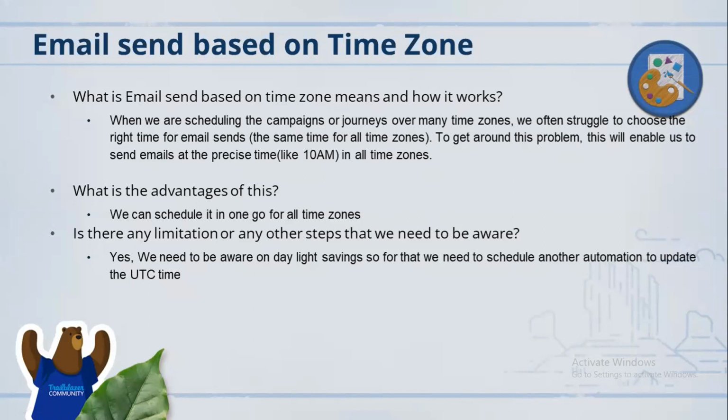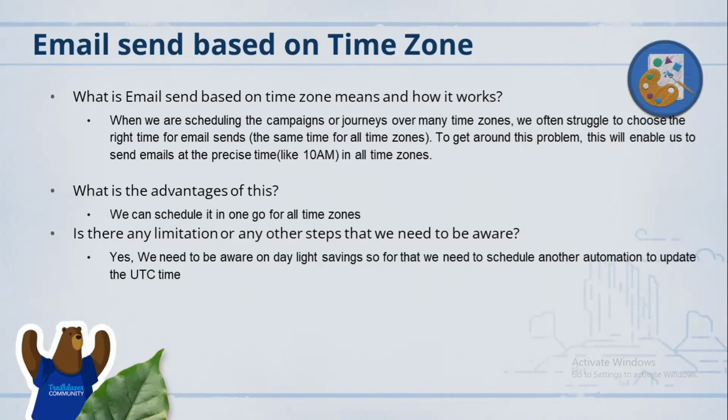Is there any limitation or any step that we need to be aware of before implementing this use case? Definitely. Since there is daylight saving in most time zones, we need to create one query that will update one of our data extensions only on the daylight saving change.